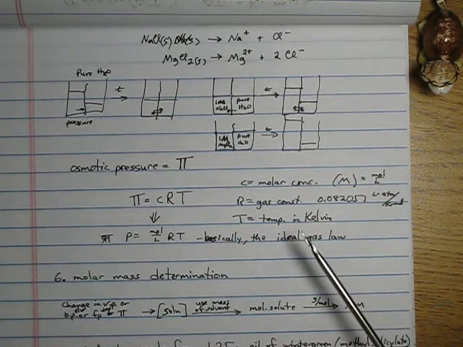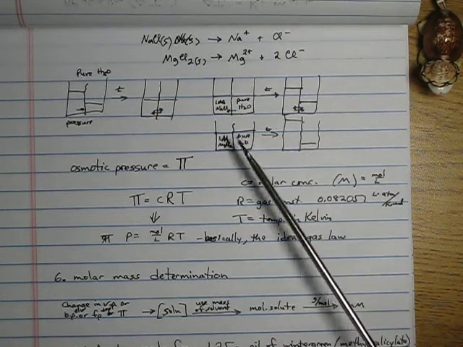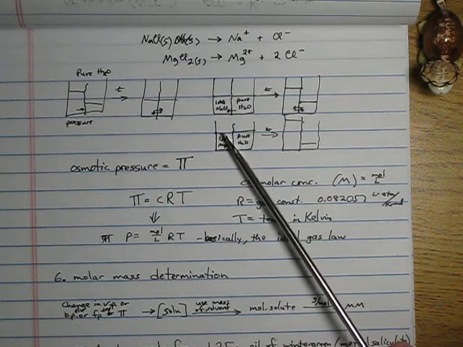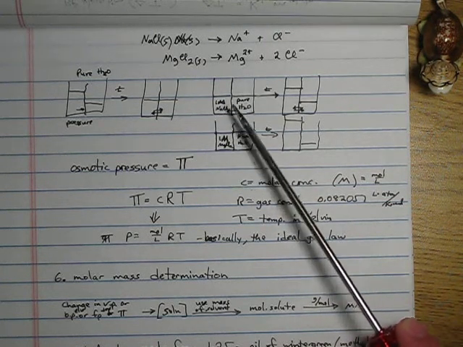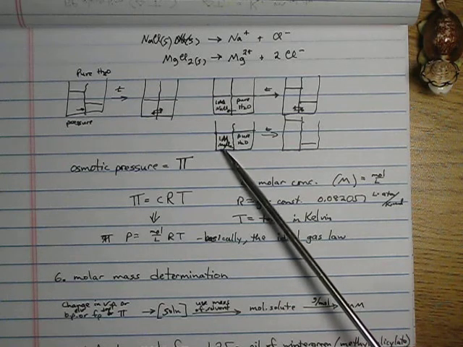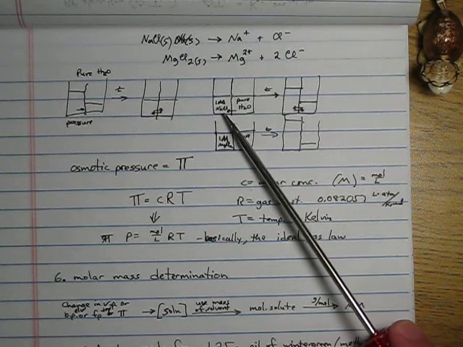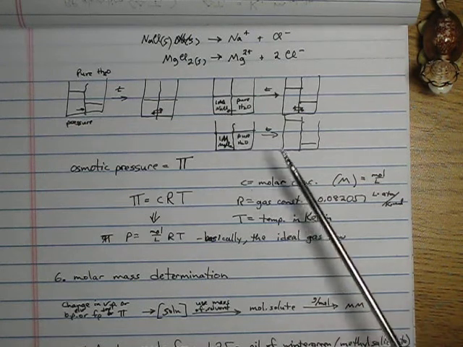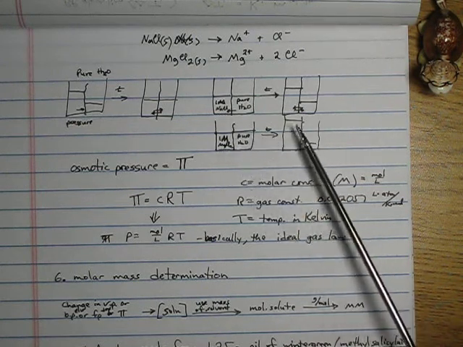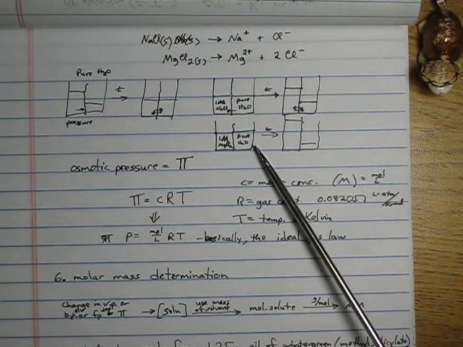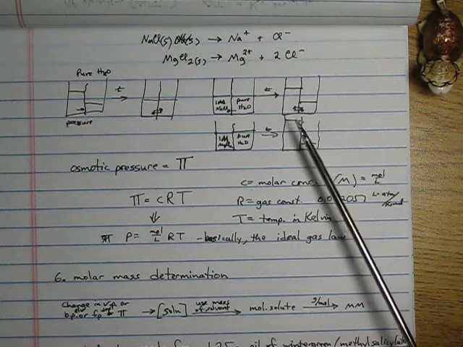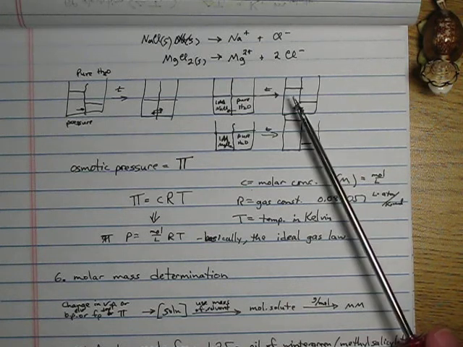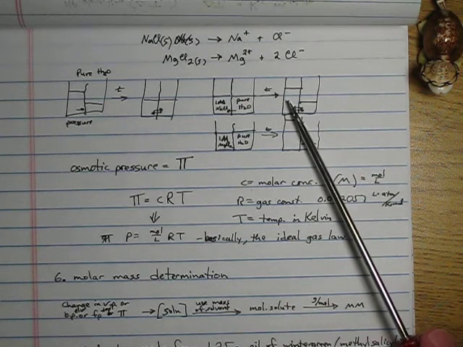Colligative properties only depend on the number of particles, which means this solution down here is more concentrated in particles than this solution. The magnesium chloride solution is more concentrated in terms of particles than the sodium chloride solution, which means that with the magnesium chloride solution, the level of the solution is going to go up even higher than the sodium chloride solution.